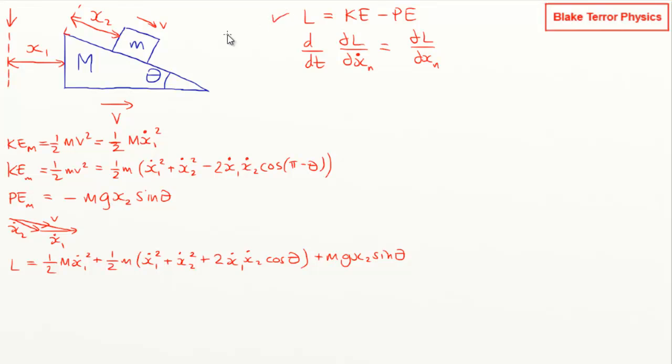Now that might seem a lot more complicated than the Newtonian approach, and in some ways it is, but we saw how difficult it is to approach this problem in the Newtonian method. So compared to simple problems in the Newtonian method, yeah, this is more complicated, but that's because they were simple problems.